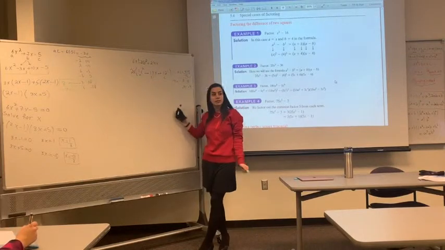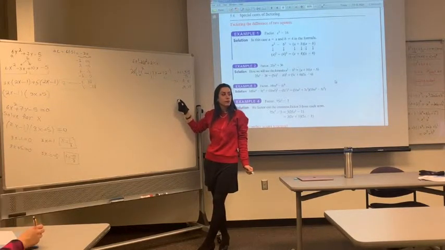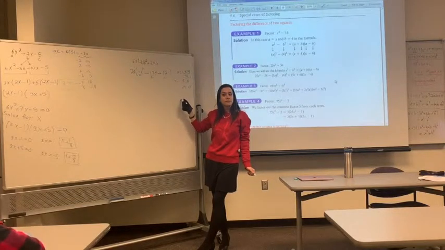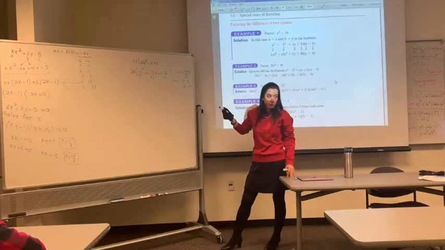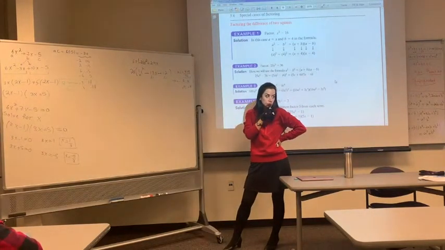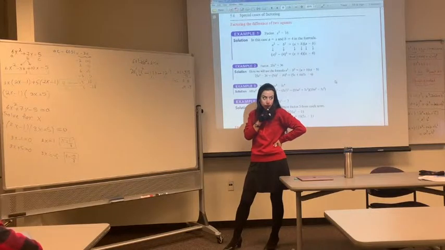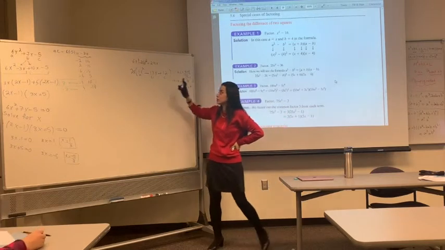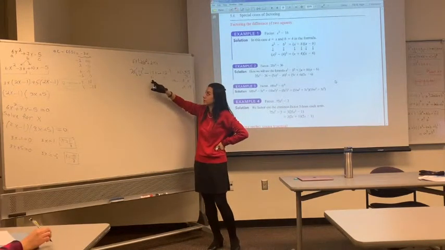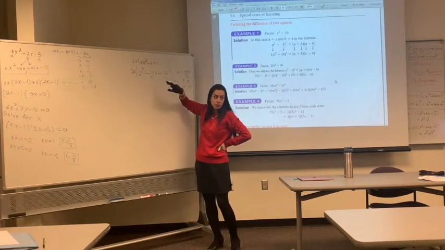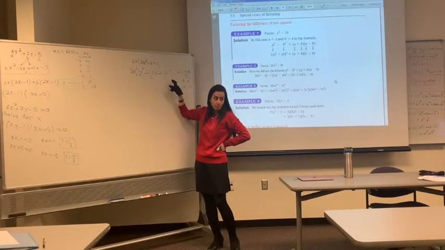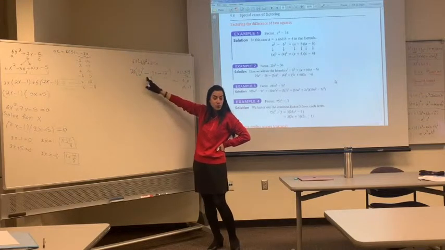Now, is this clear to all of you? Yes. So would you only add a and c if you're factoring the trinomial? Adding a and c or multiplying? Multiplying. When we are factoring a trinomial in the form ax squared plus bx plus c, if we have a coefficient for x squared, we multiply a and c.